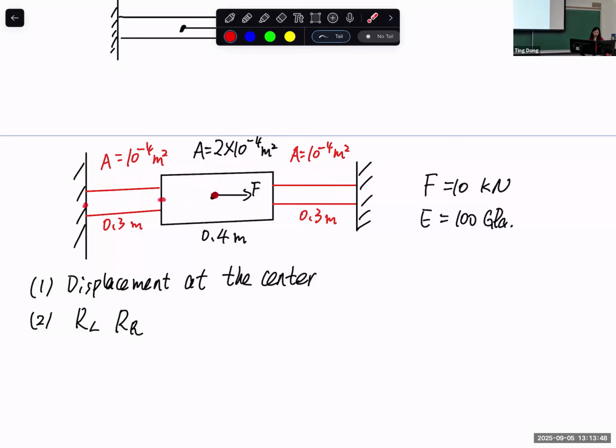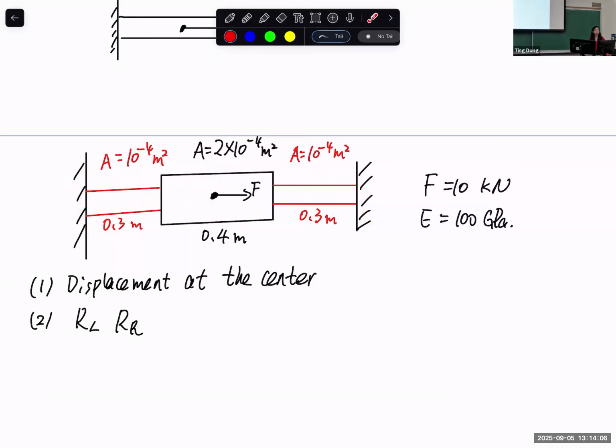Since each node has 1 degree of freedom, the stiffness matrix for the entire system should be 5 by 5 before we apply boundary condition. After we apply boundary condition, this one is gone, this one is gone, and we have 3 by 3.